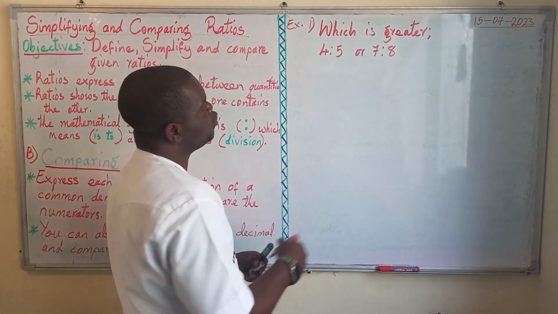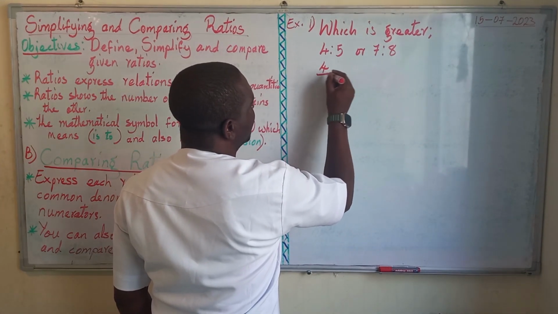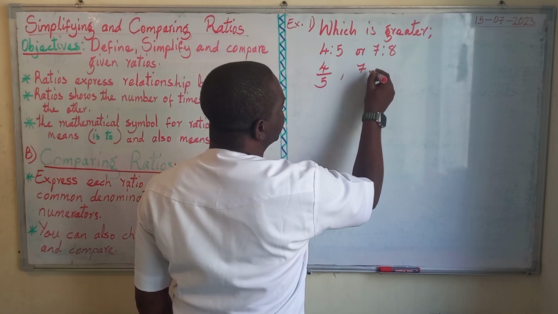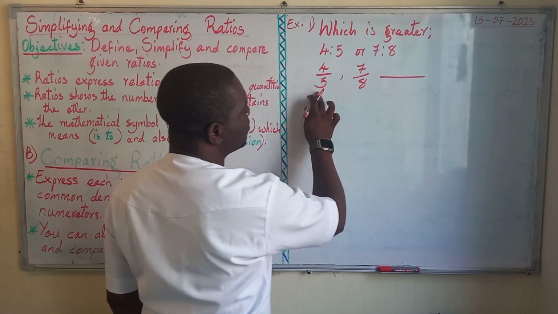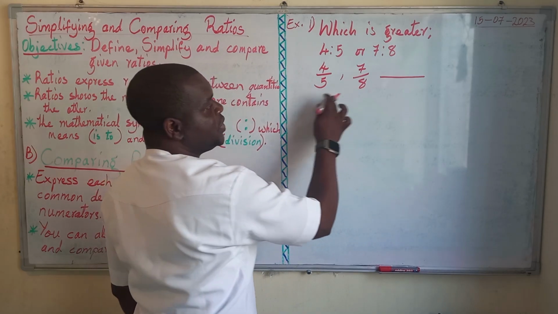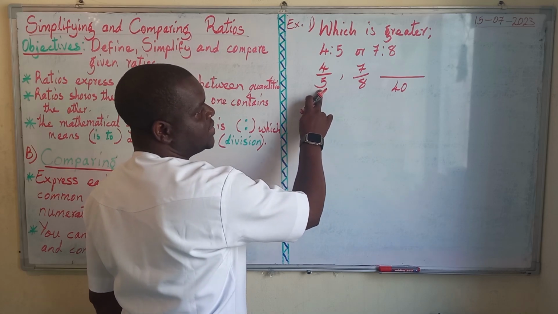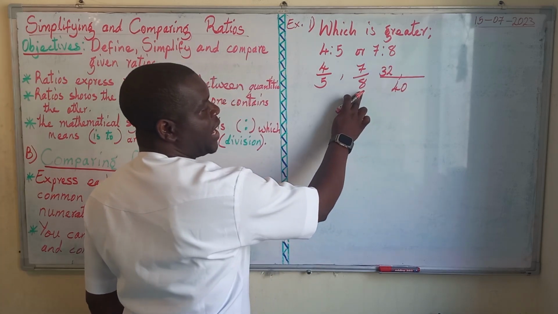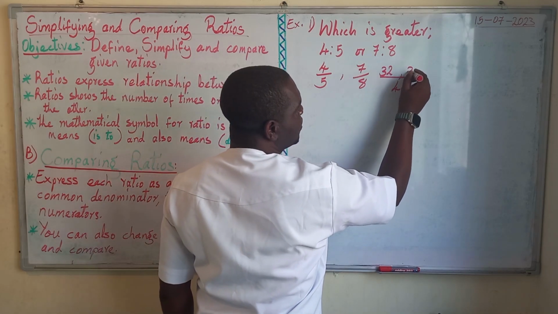What we are supposed to do here is simple. You express 4:5 as a fraction, that is 4/5. Then here 7/8. With a common denominator, you find the LCM of 5 and 8, which is 40. 40 divided by 5 is 8, and 8 times 4 is 32. 40 divided by 8 is 5, and 5 times 7 is 35.